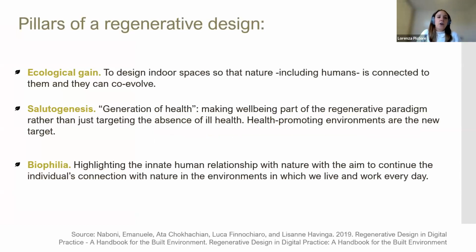The three pillars of a regenerative design are, first, the ecological gain, so to design indoor spaces so that nature is connected with them and they can co-evolve together. The second pillar is salutogenesis. Salutogenesis is a term coined by Aaron Antonovsky in 1979. So, I mean, we're going back in time. It's nothing new, let's say. And it means generation of health. So making well-being part of the regenerative paradigm, rather than just targeting the absence of ill health.